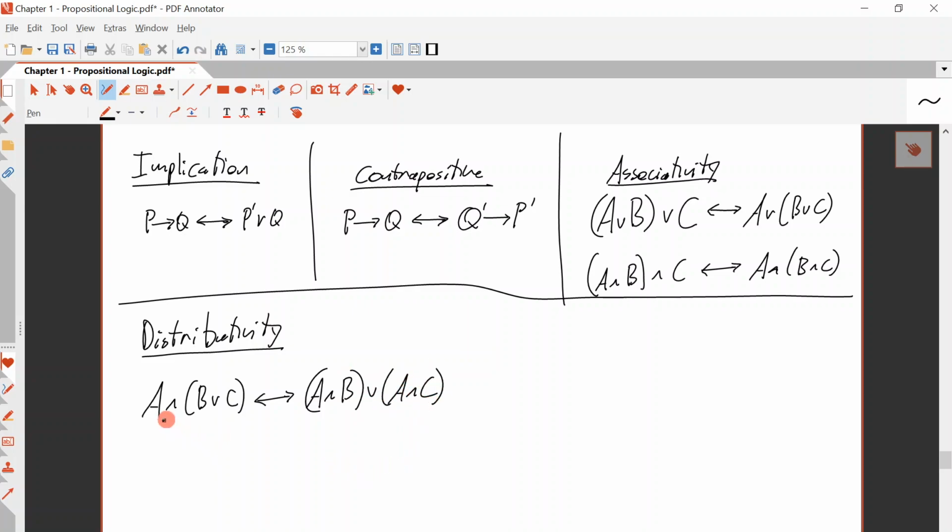So conjunction distributes over disjunction, like multiplication distributing over addition. But you also have the other distribution as well. A or (B and C) is logically equivalent to (A or B) and (A or C). Distributivity tautology.